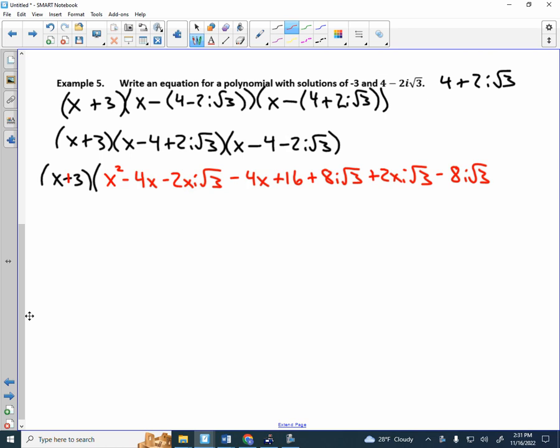Let's watch how this goes. We have 2i roots of 3 times negative 2i roots of 3. What's 2 times negative 2? So negative 4. What's i times i? i squared, or negative 1. And what's the root of 3 times the root of 3? 3. So that gives you 12 on the end there.